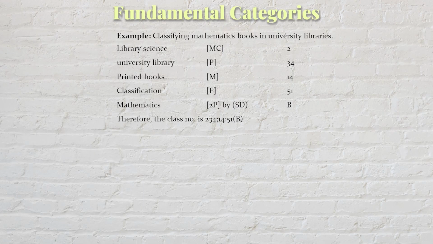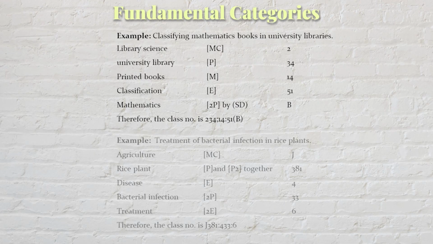Mathematics comes under the second round personality facet and it is created by subject device, and the notation is therefore B within parenthesis. Therefore, the class number is 234 semicolon 14 colon 51, then within parenthesis B.